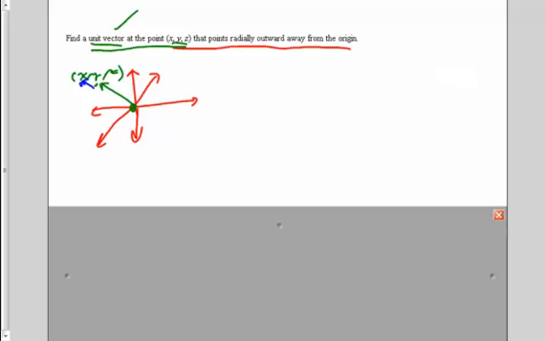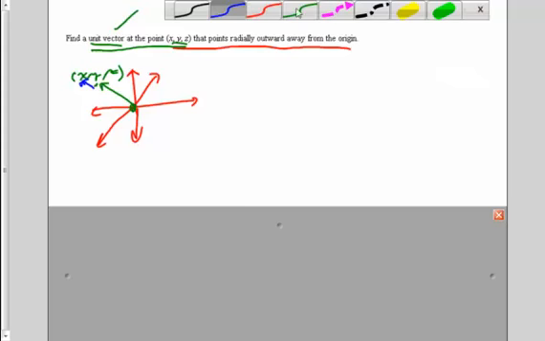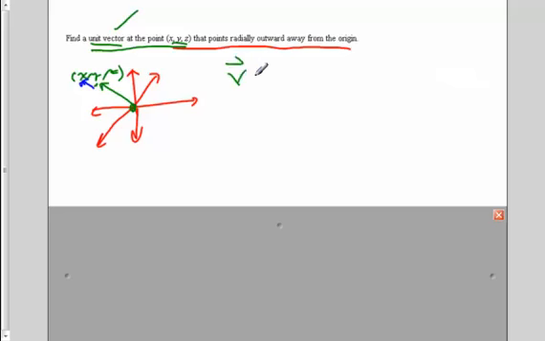So the idea is our green vector, let's call that v, equals xi plus yj plus zk. And we want to create a unit vector that's in the same direction as v, but that's a unit vector.